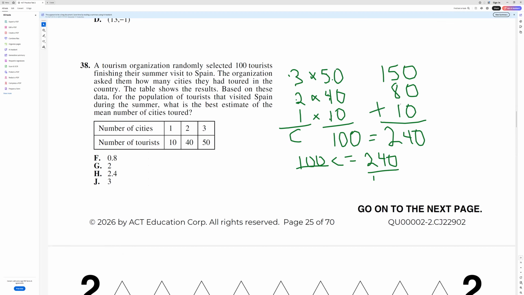Okay. Yeah. Adding 3, 2, and 1, 6, divided by 240 is too small of a number. So 0.24 would be 1. Yeah, there's no answer for that. So it has to be the 100. Okay, great.